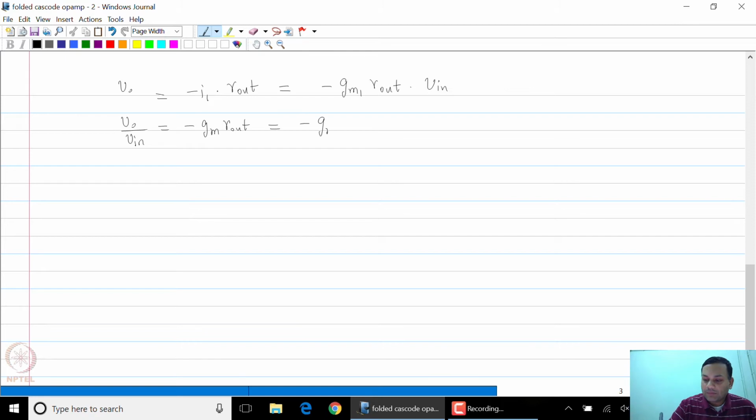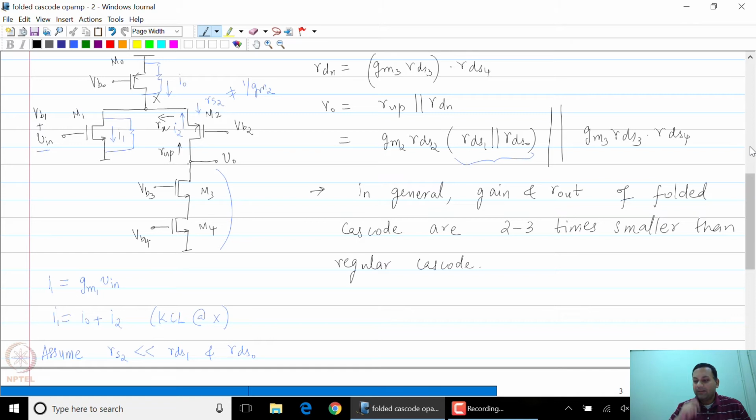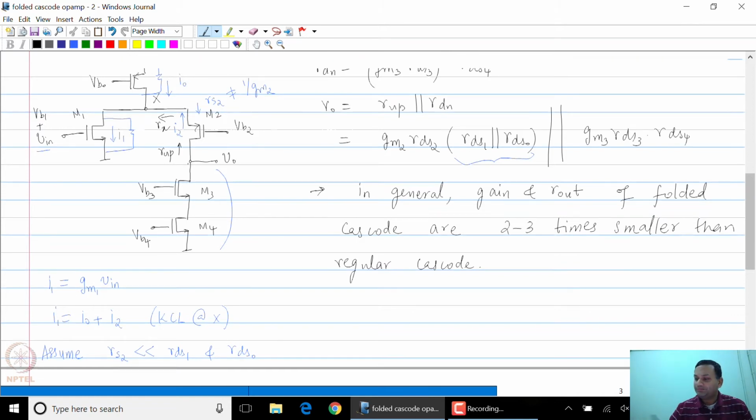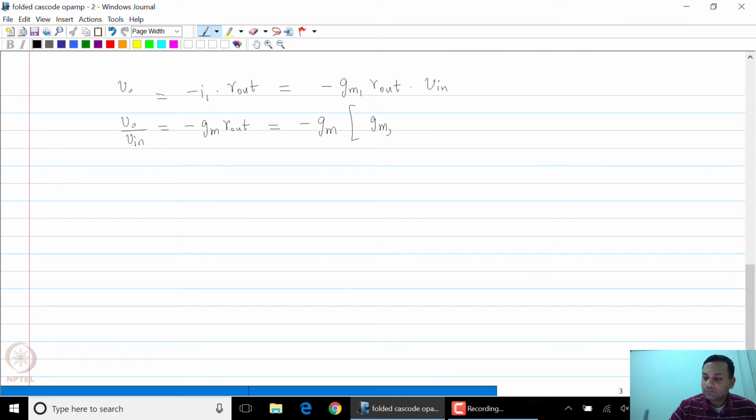As we have seen, R out is GM2 RDS2 times RDS1 in parallel with RDS0, in parallel with GM3 RDS3 RDS4.